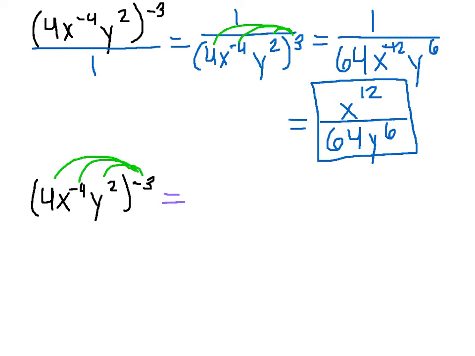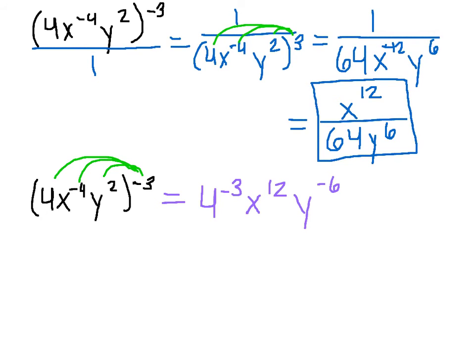Once we distribute that, that gives me 4 to the negative 3rd power. I multiply my exponents. So negative 4 times negative 3 is going to give me a positive 12, x to the 12th power. Then I multiply my exponents here. That gives me 2 times negative 3, which is negative 6. So I have y to the negative 6.